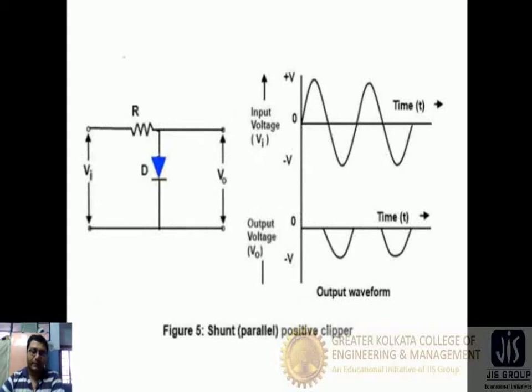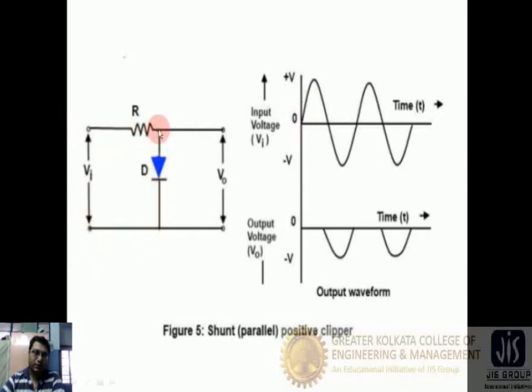So these are the parallel or shunt positive clipper circuits. The positive means the positive portions of the input signals are clipped out, or removed from the input signals, and only the negative portions are produced at the output. In this case, we have applied the input signal to Vin. When the voltage rises up, that means it is the positive portion, and the diode is in forward bias.